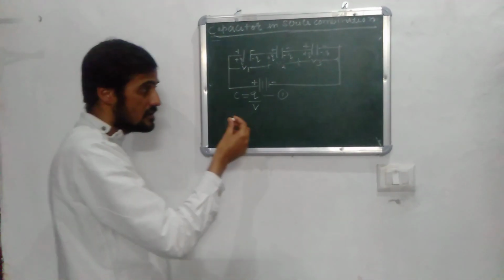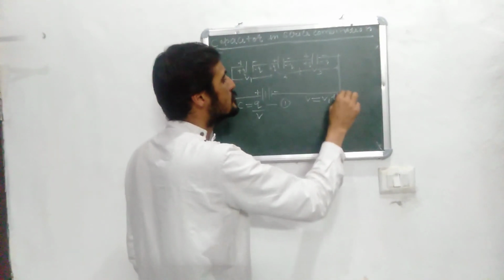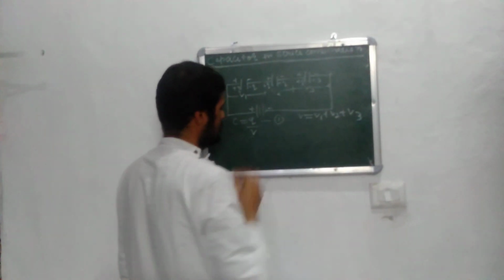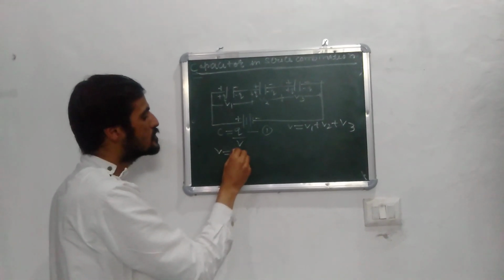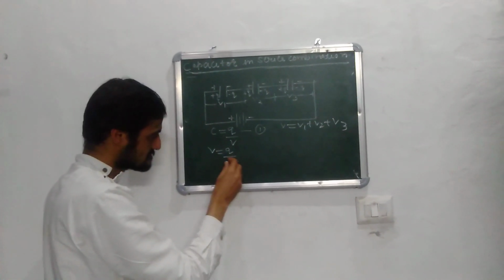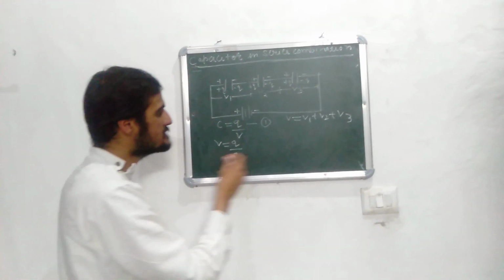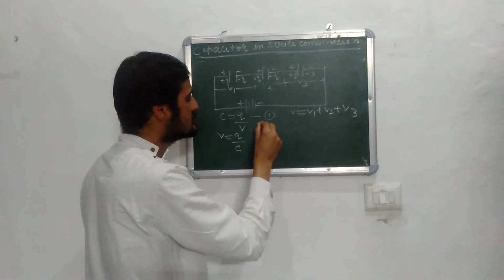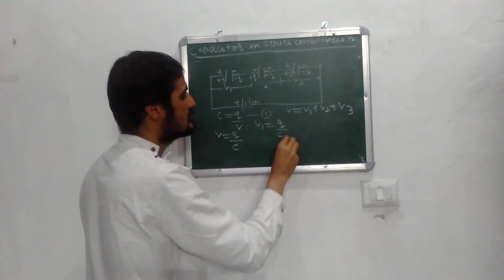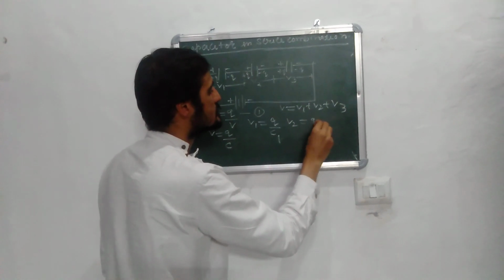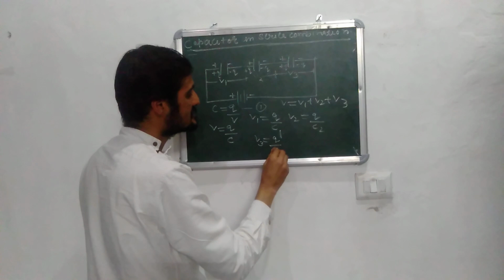The net potential in that case is V is equal to V1 plus V2 plus V3. This is equation number 2. Rearranging, V is equal to Q upon C. Since the charge remains the same, V1 is equal to Q upon C1, V2 is equal to Q upon C2 and V3 is equal to Q upon C3.